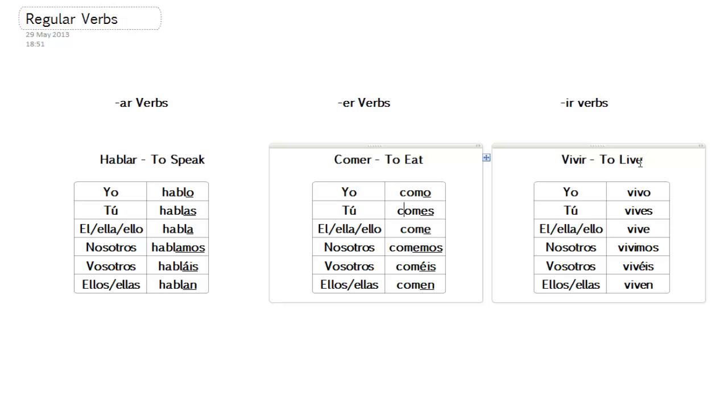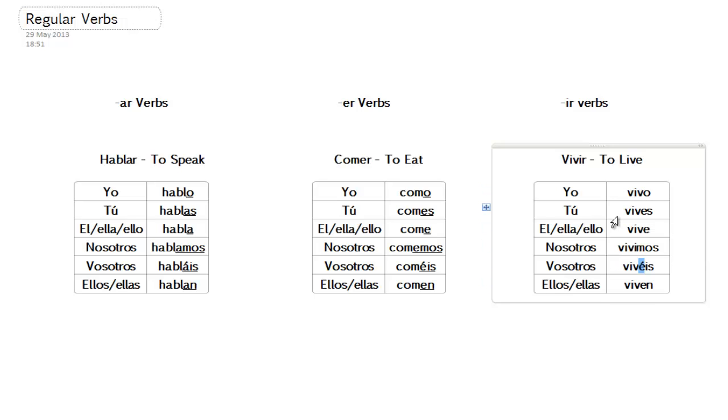And vivir, right? So it'd be vivo, vives, vive, vivimos, vivéis. This is a difficult one. Vivéis. And the accent is there as well. So vivéis, viven. Okay.